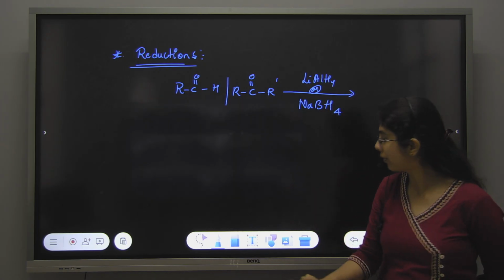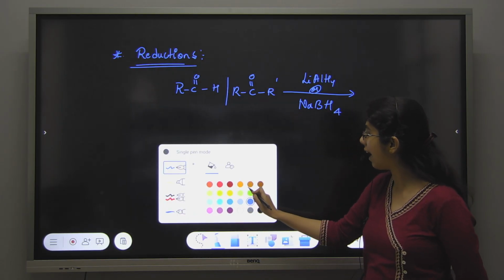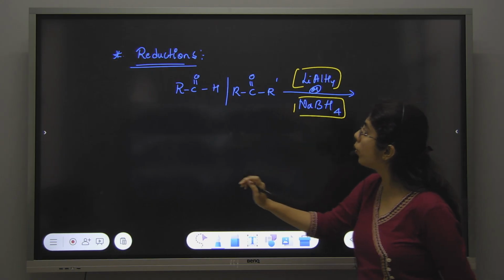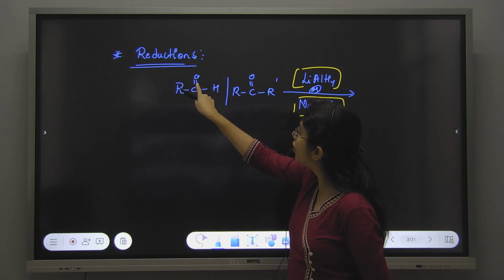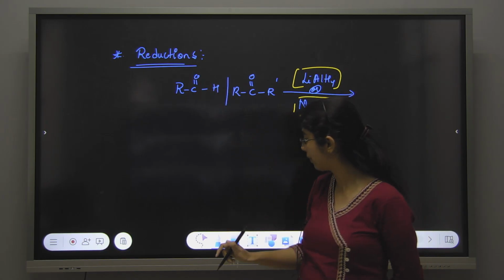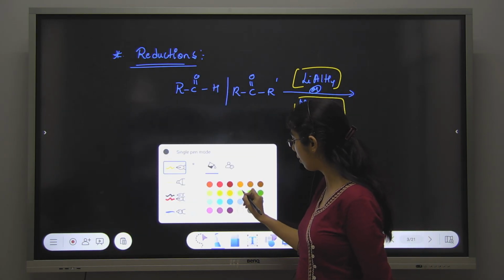When you add this reagent, you convert the C=O double bond of the aldehyde or ketone to alcohol.